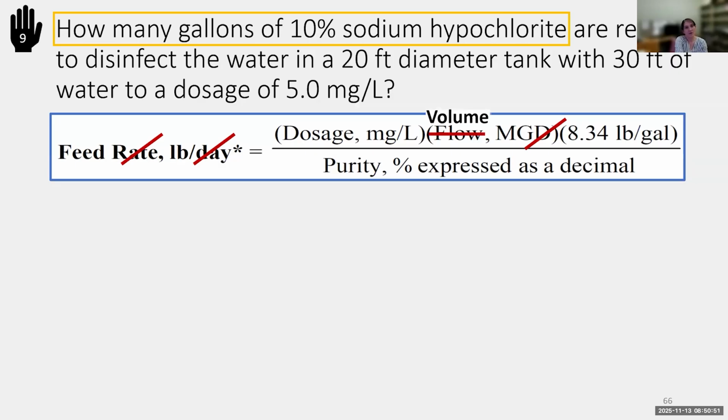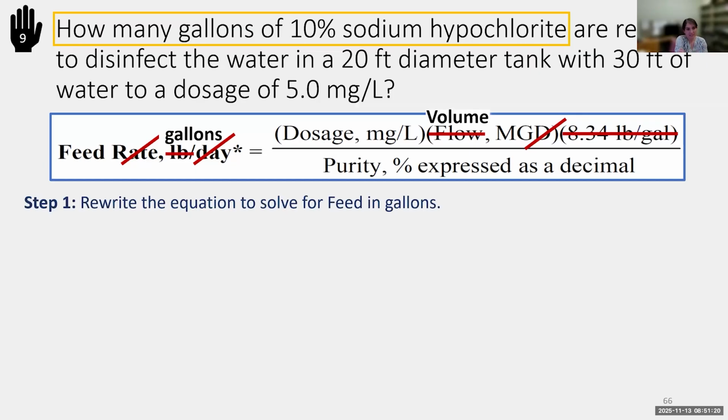Right, so we are going to take the days off of our flow, which you remember then turns that into volume. Okay, and then the next thing we want to do is get rid of the pounds in the answer and convert it to gallons. And so we do that by getting rid of the 8.34 pounds per gallon number in our equation.